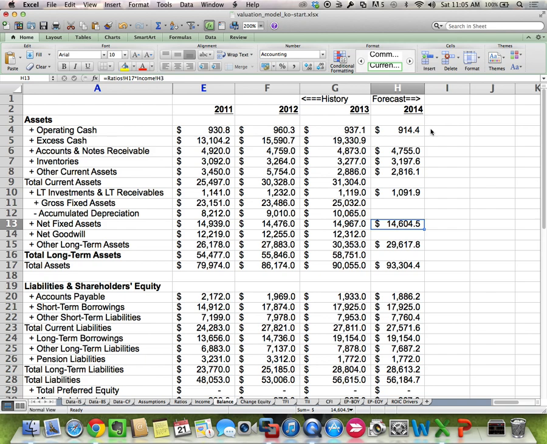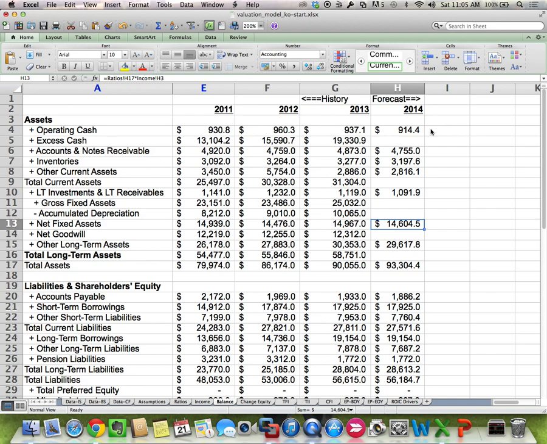So therefore, we don't really need it. Okay? We could forecast it, but then we'd have to forecast one or the other: to forecast gross, we have to forecast accumulated depreciation. But it's kind of a redundant forecast that doesn't really matter, because what we care about is the net, and we're directly forecasting the net as a percentage of revenue. So I'm skipping those two.